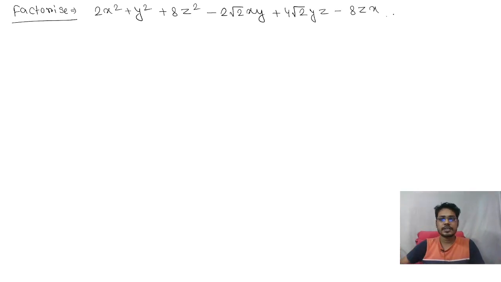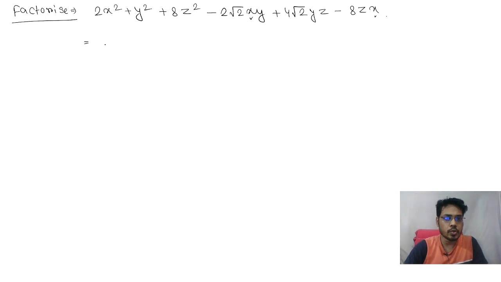Now you can see that all the places are positive except these two places, that is minus 2 root 2 xy and minus 8xz. Now in these two terms, which variable is common? That is x. That means the value of x is negative.